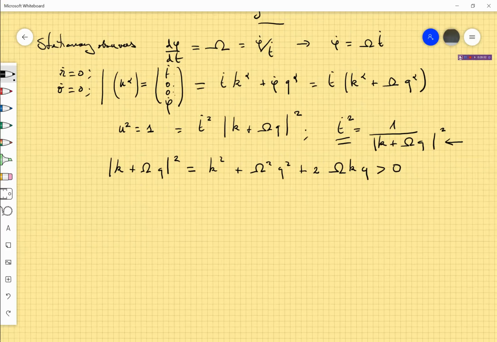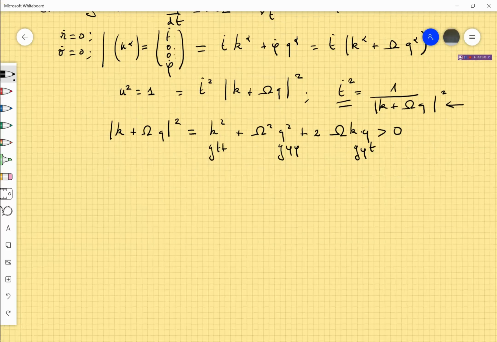Now if we replace k squared by g tt, q squared is g phi phi, and the product of k and q is g phi t, or g t phi. This gives us a condition for omega, because this could tell you what are the allowed values of omega depending on the position in the space-time, because depending on this position you will have certain values here, and this may or may not be solvable for a real value of omega.